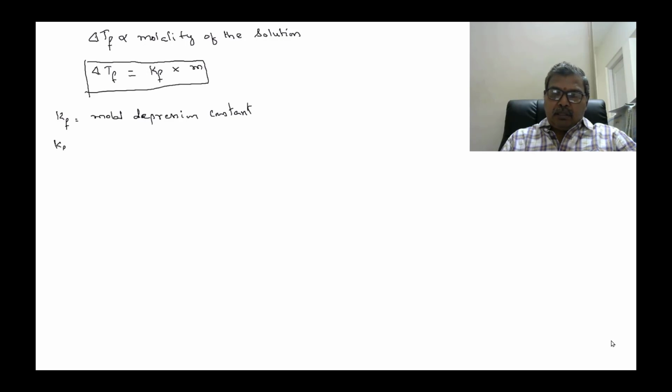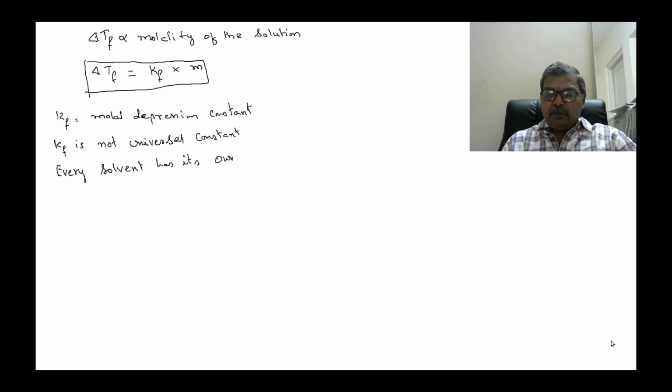Kf is not a universal constant. Every solvent has its own Kf value.